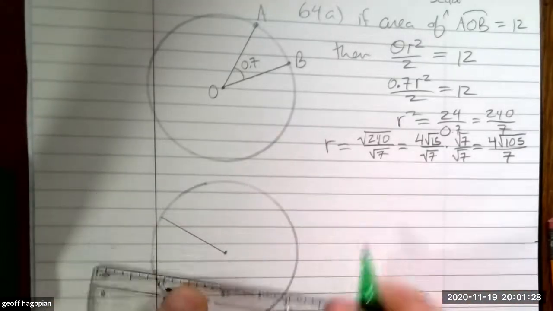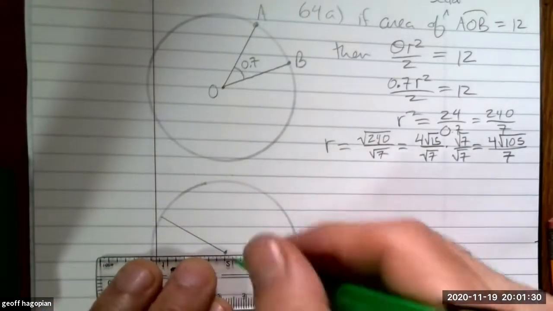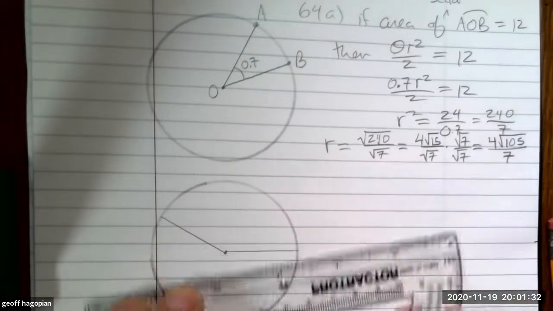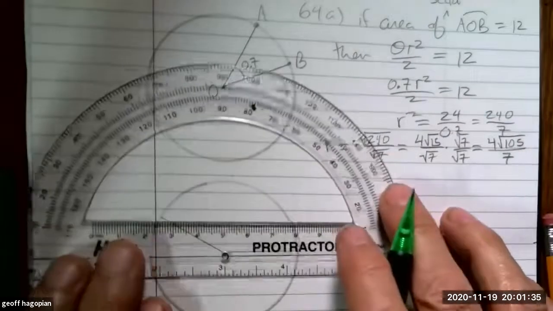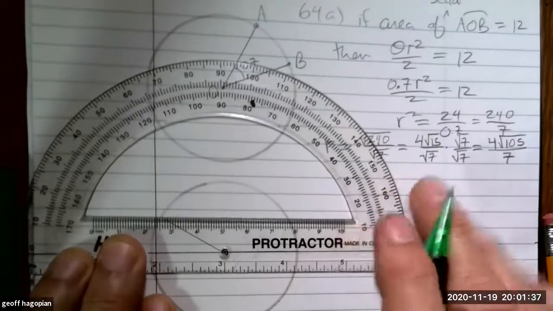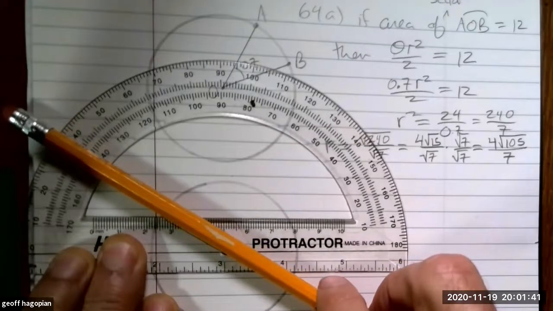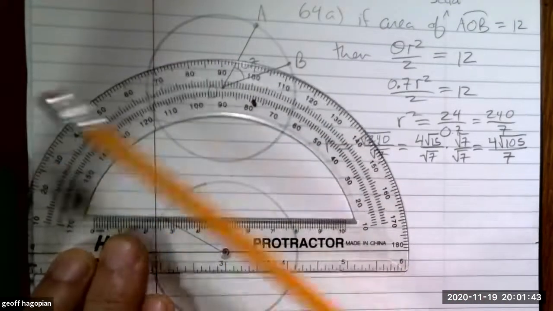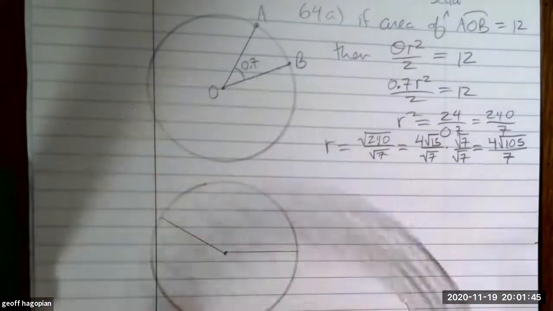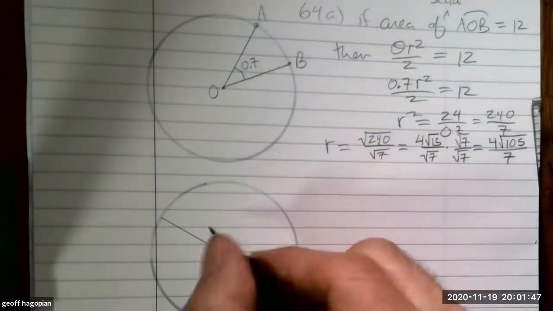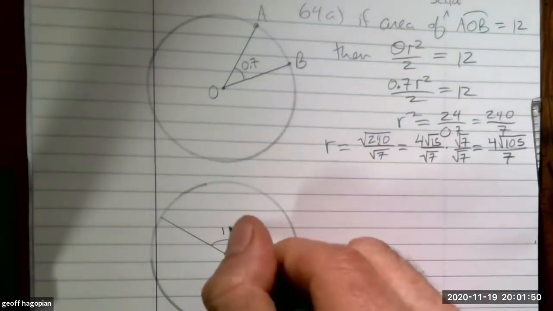So I'm going to eyeball that as something like this. How close did I get? Can you see that? Yeah, that's pretty dead on, huh? Oh, you can't see the 150, but it's 150. So this is 150 degrees.